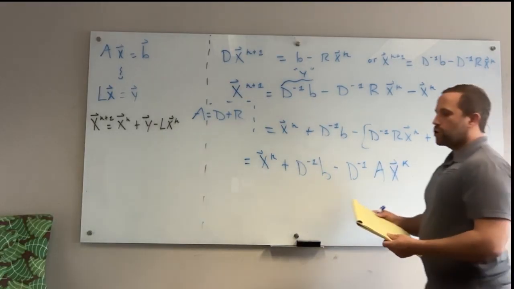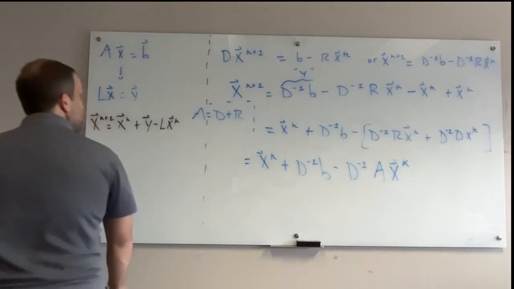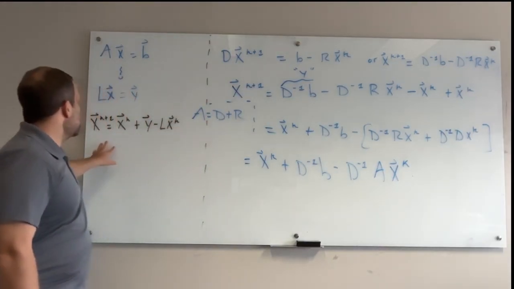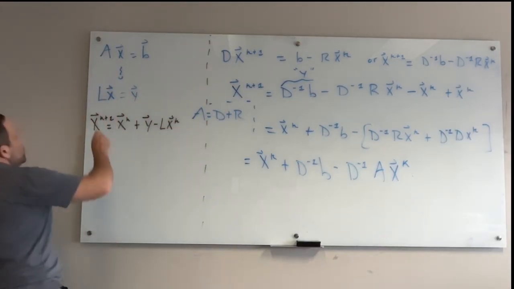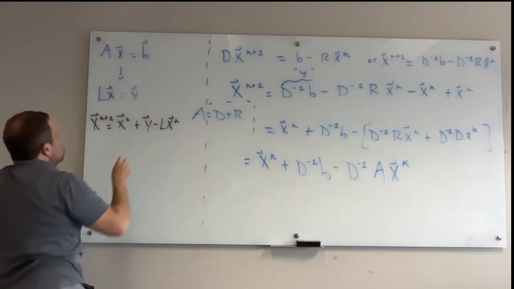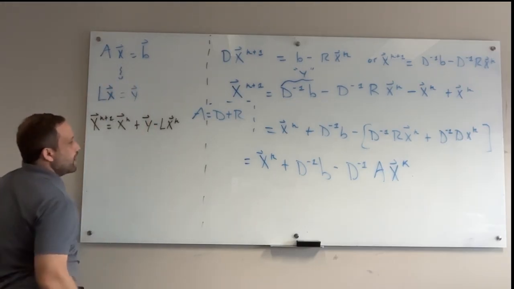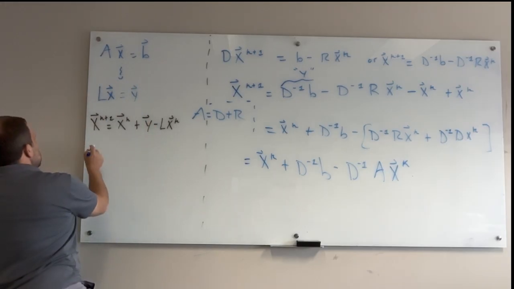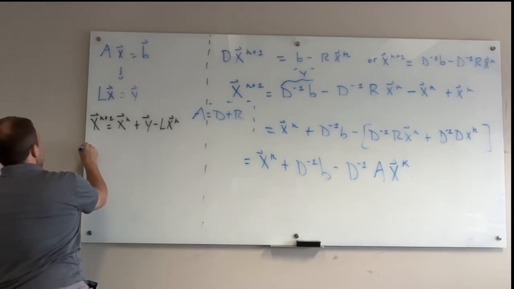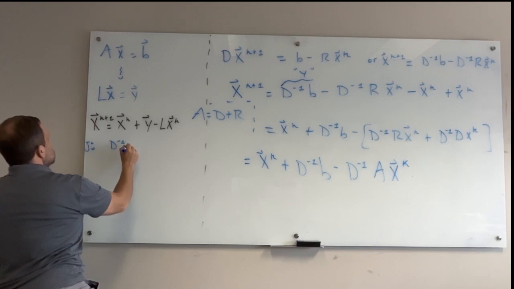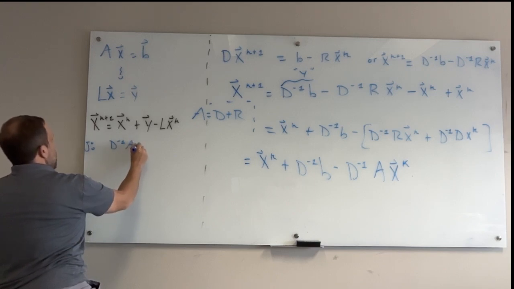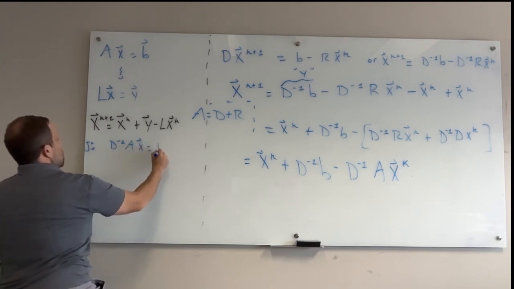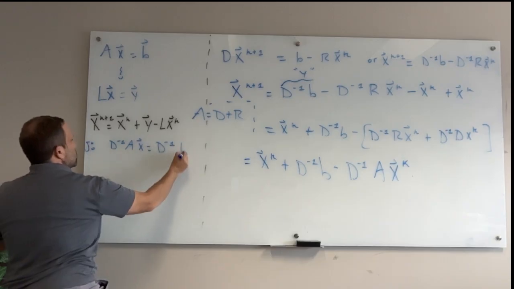Okay, so to go from the Jacobi iteration to this framework here, what we do is we take our system, Ax is equal to b, and we multiply both sides by D inverse. So for Jacobi, we go D inverse Ax is equal to D inverse b.